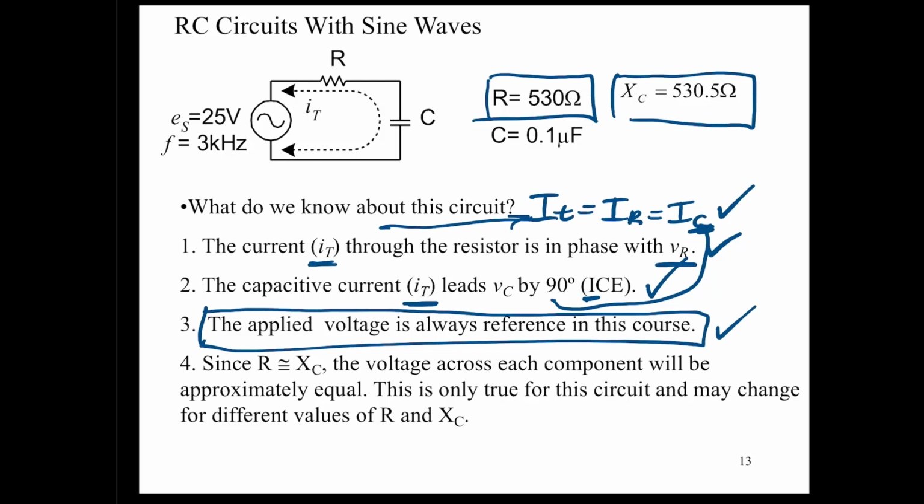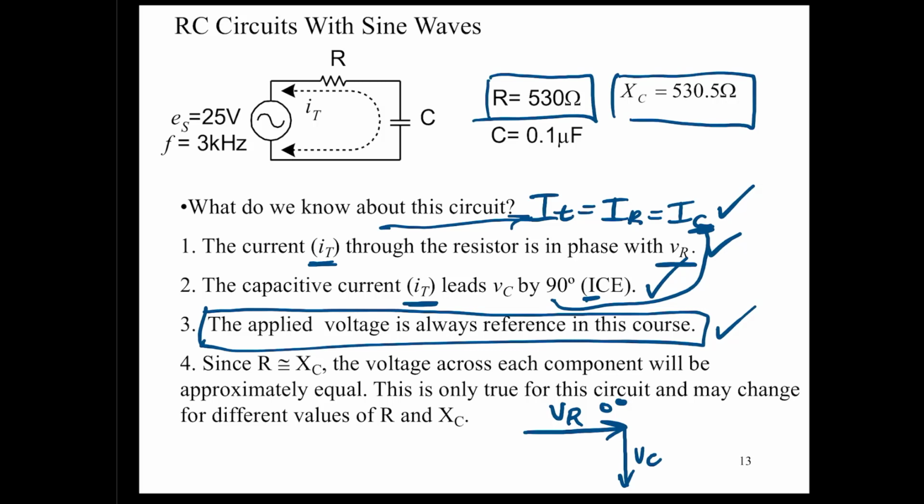If we look at a real value of R, its voltage, VR, is going to be plotted at 0 degrees. If you remember, VL was at plus 90 degrees for a voltage. So when it comes to VC, it's going to be a minus 90 degree value for voltage.